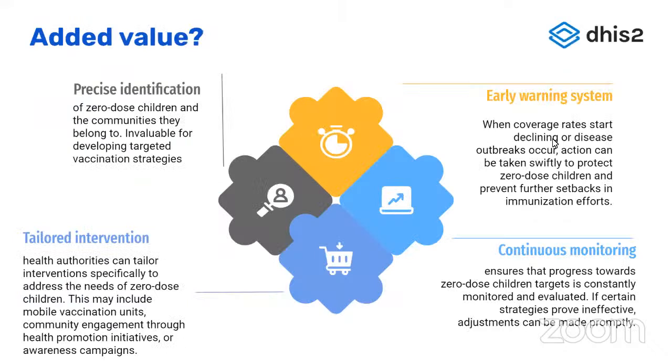Of course, saying all of these together, it has an added value for our early warning system. It can have an added value for, of course, our monitoring activities in our immunization activities.